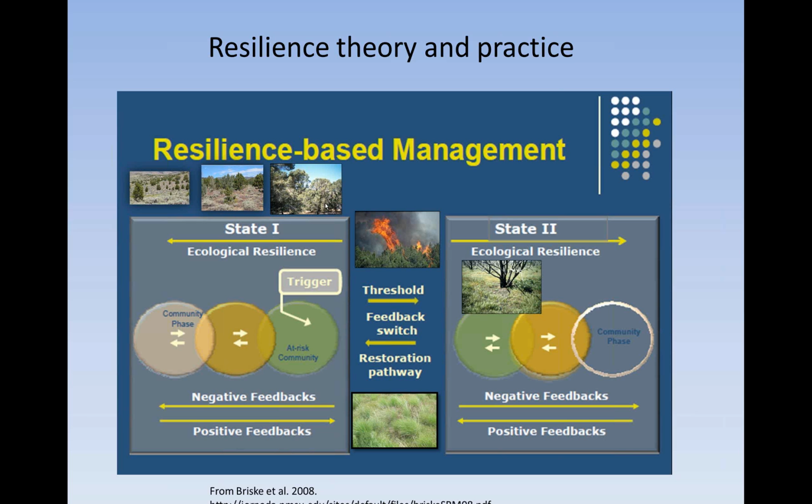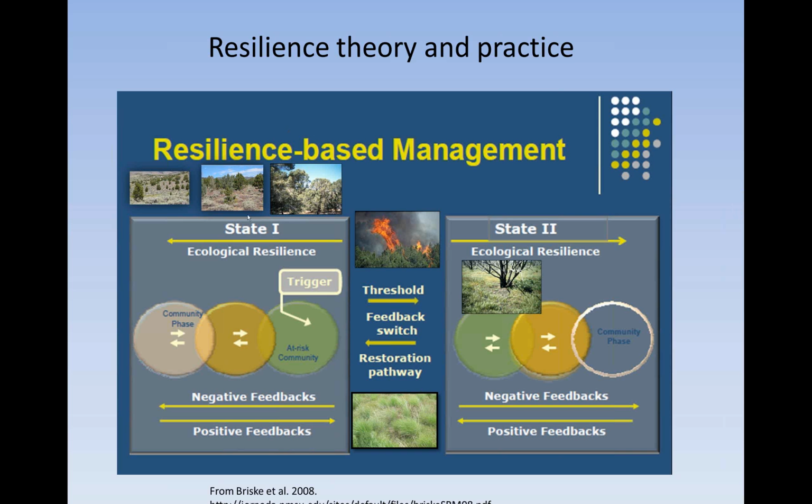We worry that if we wait too long, it could go to cheatgrass and pass this biotic threshold. Whereas if we treat earlier, we'll at least maintain some of our shrubs and perennial grasses, and that's a more resilient community and also more resistant to cheatgrass invasion.